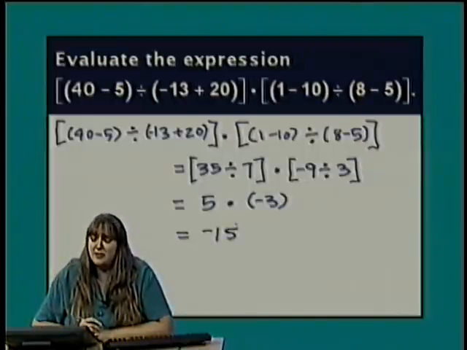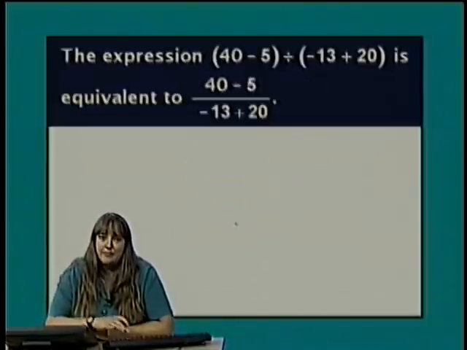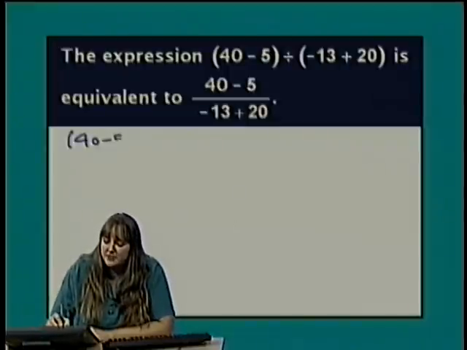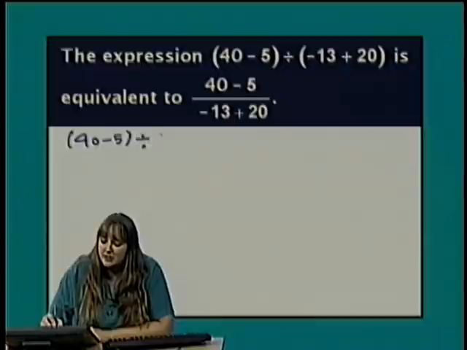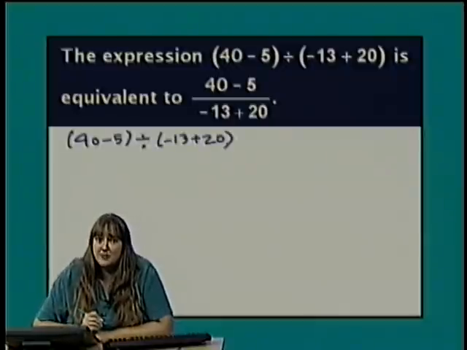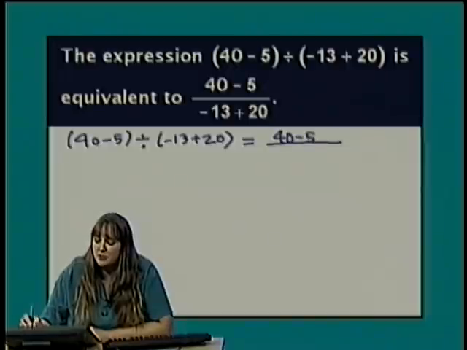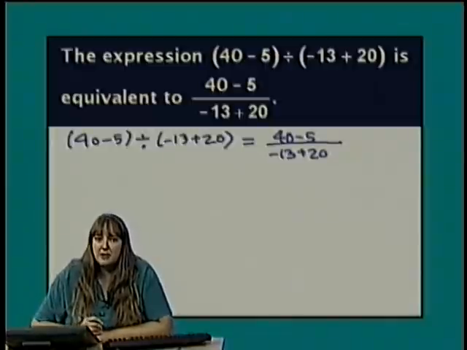Now you might agree that the expression that we just evaluated was kind of ugly. There's actually another way to write this, and I'm just going to focus on the first set of square brackets here. So the expression 40 minus 5 divided by negative 13 plus 20, which was in the square brackets in the last problem, can be rewritten with a fraction bar as 40 minus 5 in the numerator over negative 13 plus 20 in the denominator.